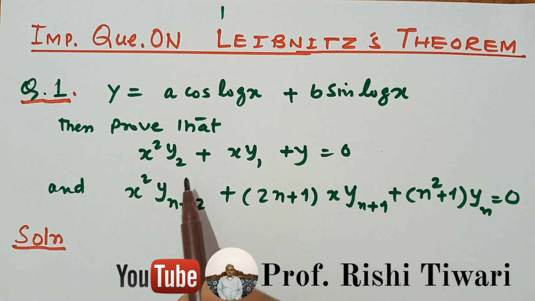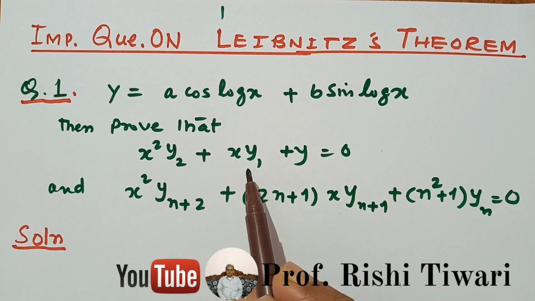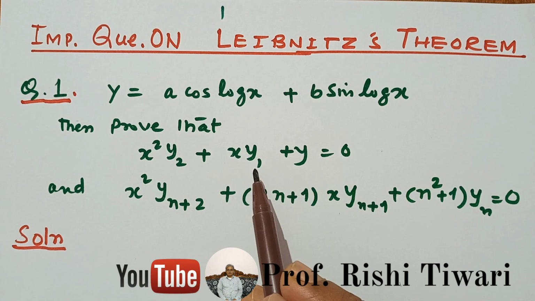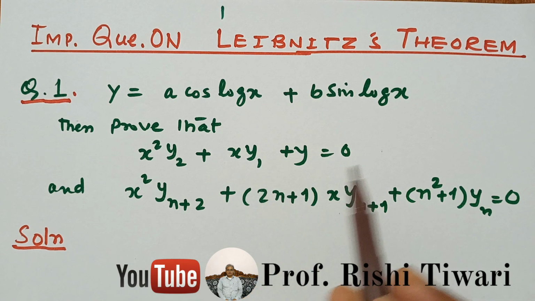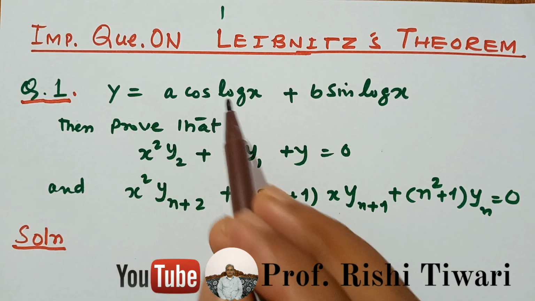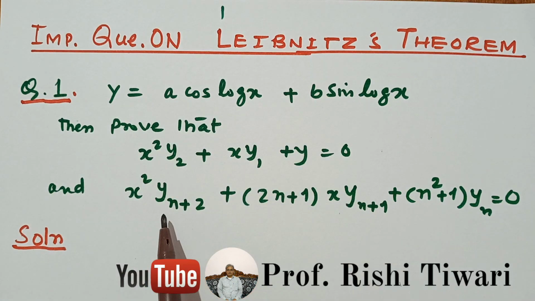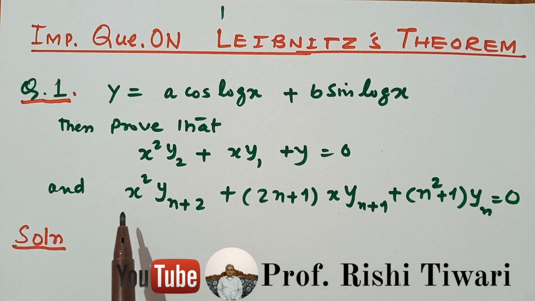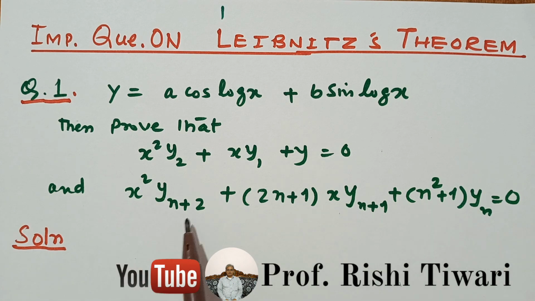So y2 is nothing but the second derivative of y, meaning d²y upon dx², and y1 means dy by dx. So first we have to find the second derivative of the given expression, and then by using Leibniz theorem we will prove the y(n+2) result.